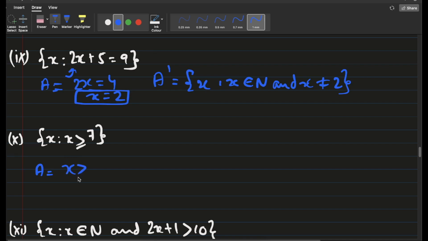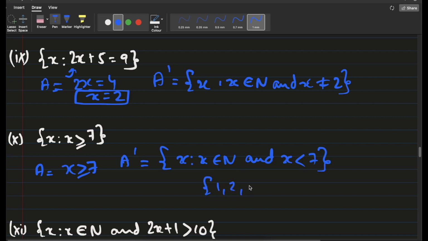यहाँ पे A क्या है? सारे x greater than 7, सारे numbers greater than 7 और equal to 7, इनको हमें remove करना है from our natural numbers universal set. Then what would we be left with? We will be left with x such that x belongs to natural number and x is less than 7. Okay, basically we will be left with 1 2 3 4 5 6.